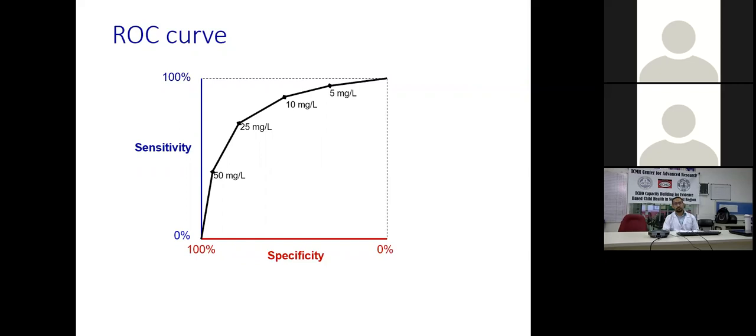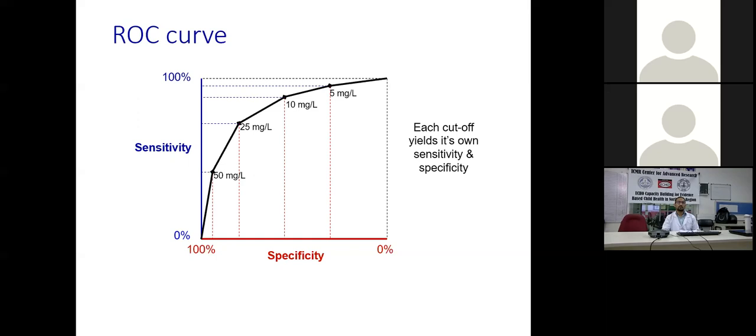Now for each of these cutoffs, 5, 10, 25, 50, I plot those dots depending on what the sensitivity and specificity was for that cutoff. And when I do that, I'm able to join up these dots and create an ROC curve. So each cutoff yields its own sensitivity and specificity.